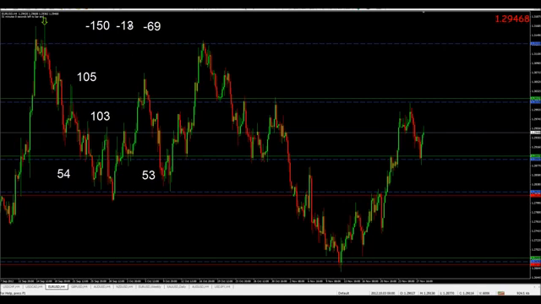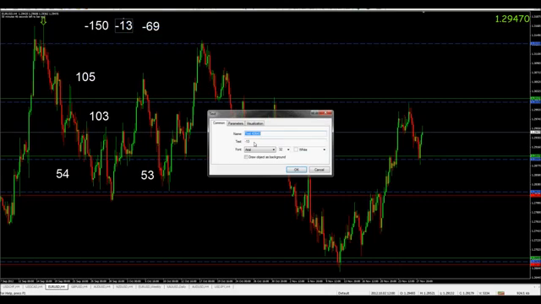So this one goes from minus 13 to about 80. Oh no, it's actually 90, sorry.